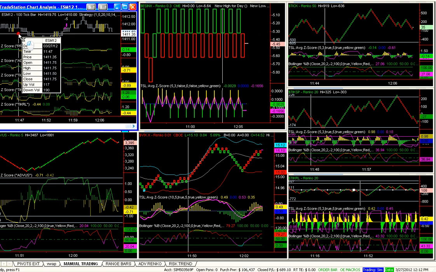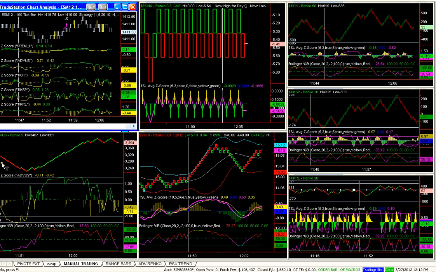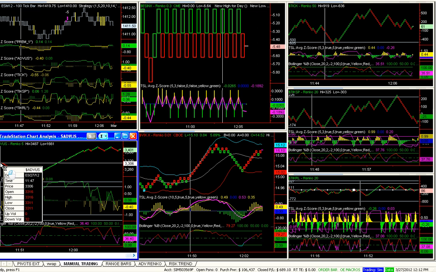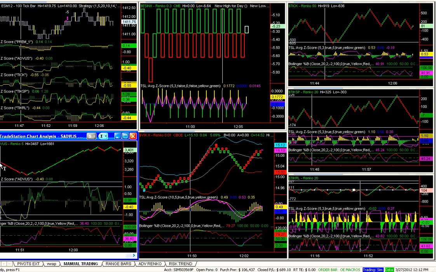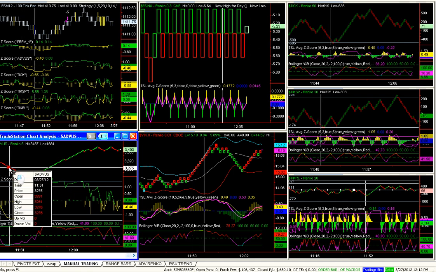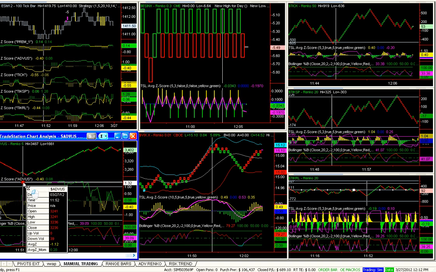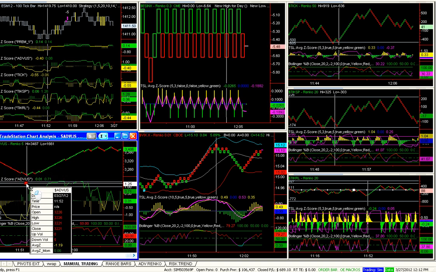Okay, at 1150 here, it's coming down, and the AD is not saying that this is a good place to move, right? The other charts are also confirming that. So I don't see a pivot taking place until way down in here.